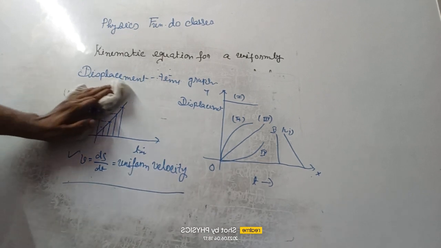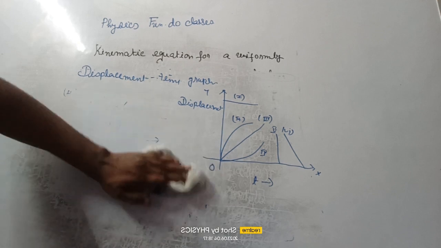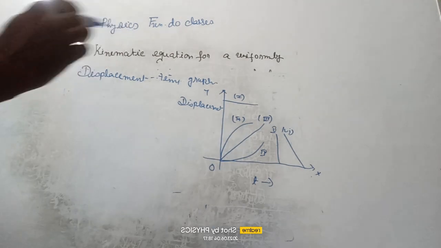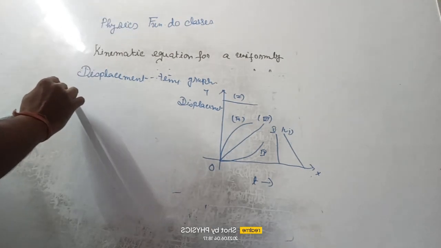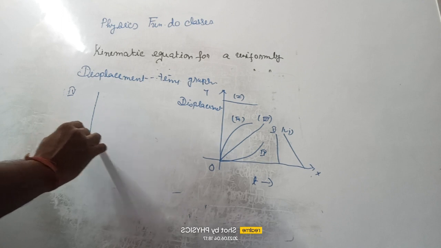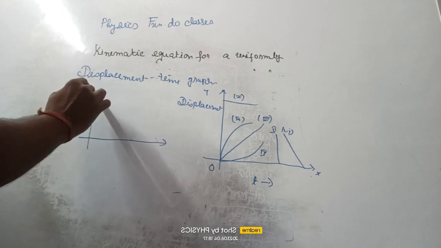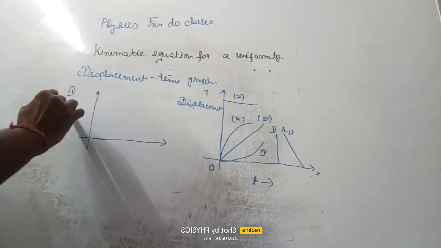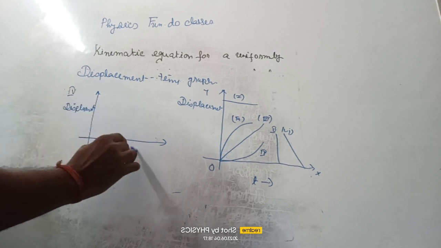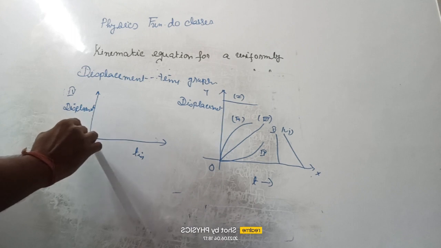Now let us move to the fourth graph. Here we see that there is a displacement and that is time. That is continuously increasing.